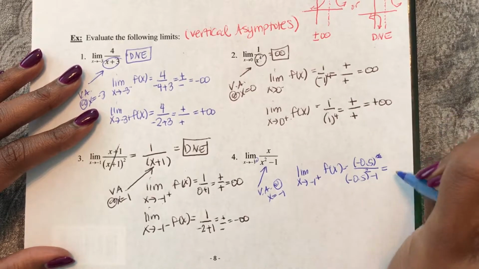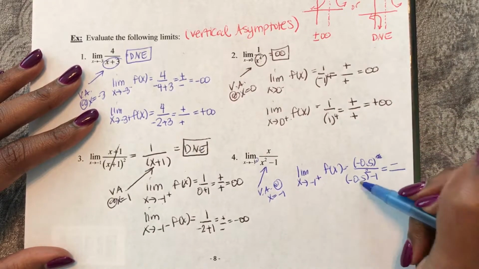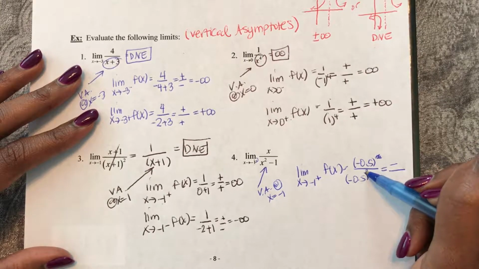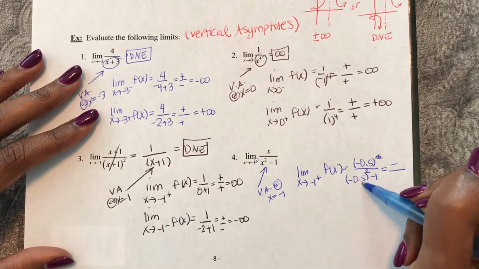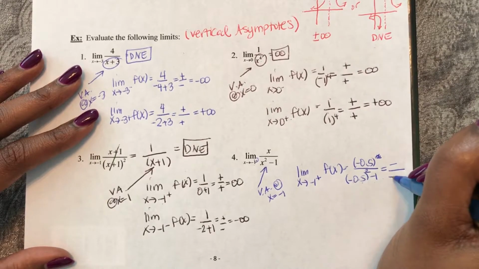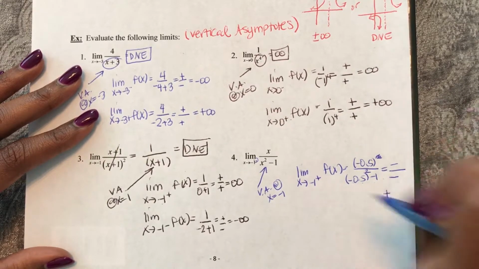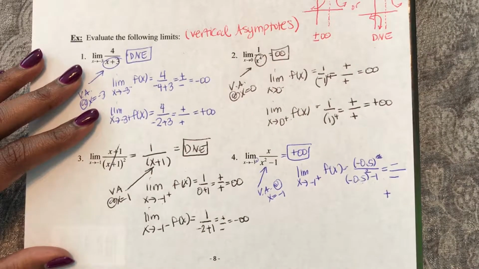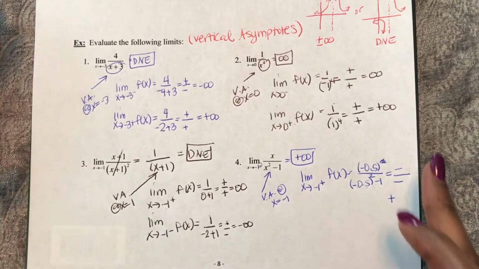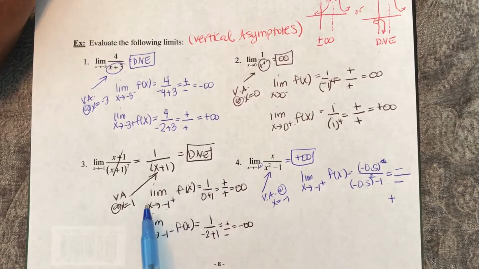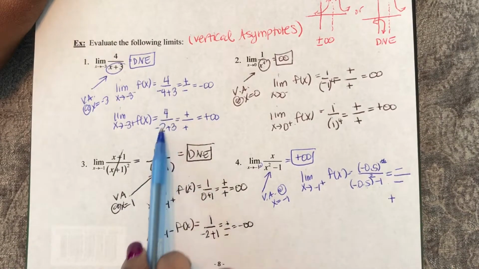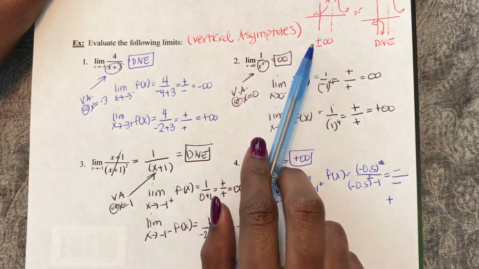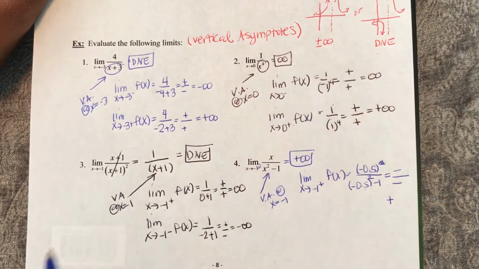So -0.5 squared is a small positive 0.25, and subtracting 1 would be a negative, so that's positive. So this goes to positive infinity, approaching from the right side. So keep in mind, whenever you have vertical asymptotes, you have to check both the left and right sides in order to determine is it positive infinity, negative infinity, or does not exist.